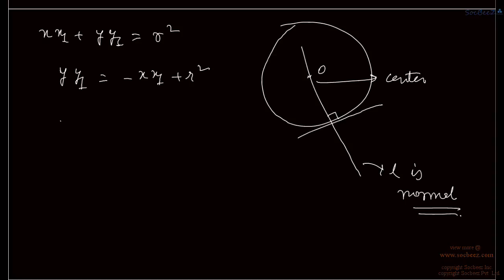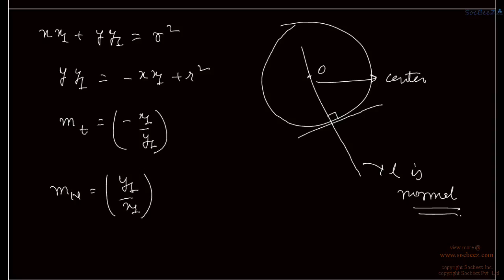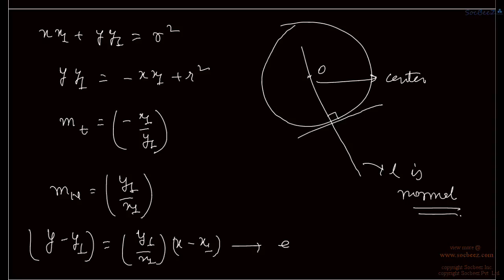It's like y minus y1 is equal to minus x1 upon y1 times x minus x1, so the slope of tangent is minus x1 upon y1. So the slope of normal at that point must be y1 upon x1. So we can write the equation of a normal as y minus y1 is equal to y1 upon x1 times x minus x1. So this is the equation of normal for this standard circle, right?